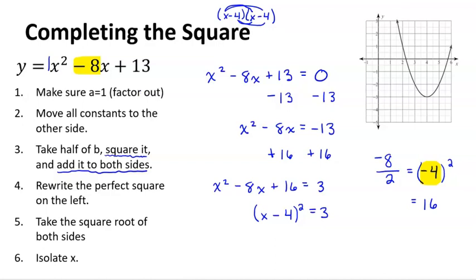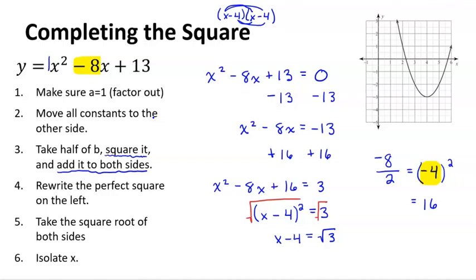Step 5 says take the square root of both sides. A square and a square root are going to cancel, so I end up with x minus 4 equals the square root of 3. Now, I don't want you to do anything with the square root of 3 yet.